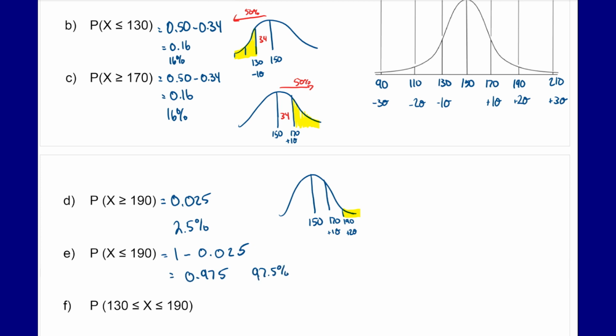Right, so that would be the same thing that we just looked at. 150, 170, 190. Instead of looking above, we're looking at everything below. So we could go and add up each individual section from our normal distribution, from those 34, 13.5, and so on, or we can use the indirect method.